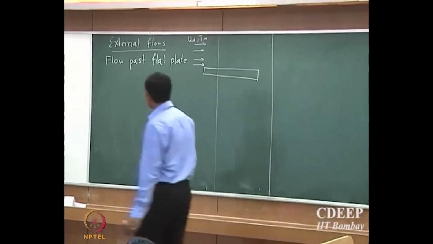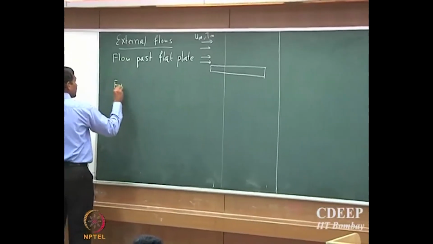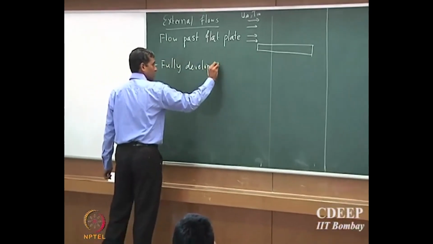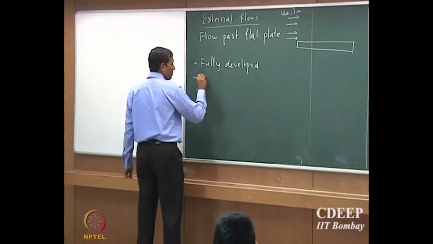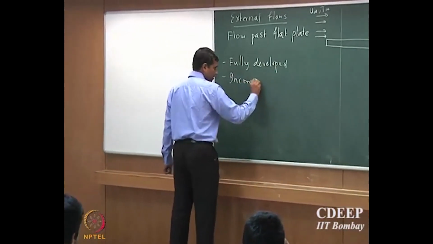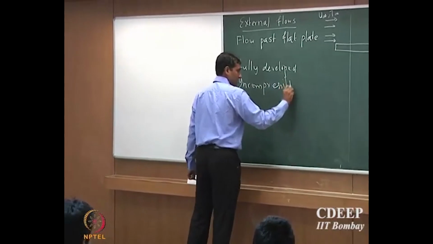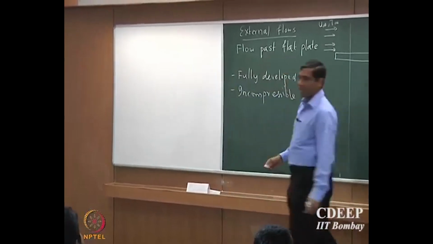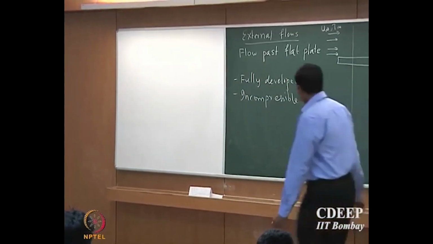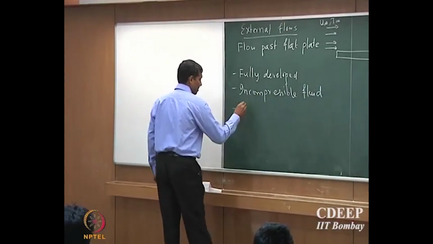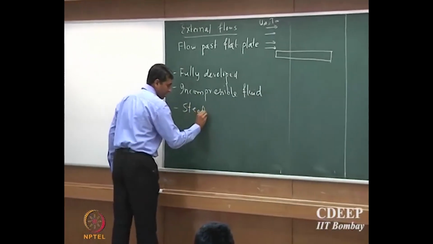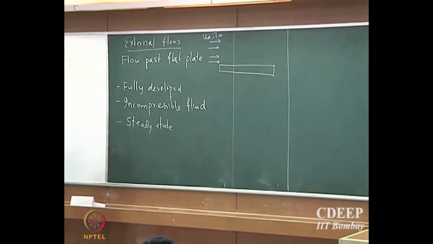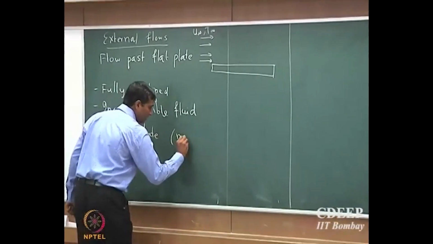So, if we assume that the flow is fully developed, and it is an incompressible fluid, and if we also assume that it is at a steady state, okay, and not just that, if we assume that there is no acceleration, okay.